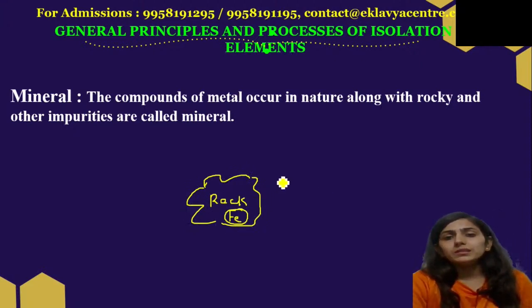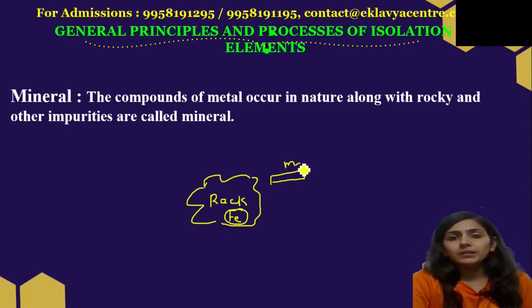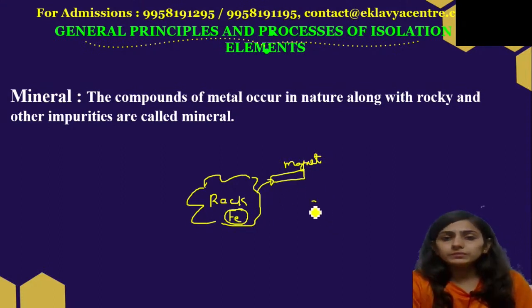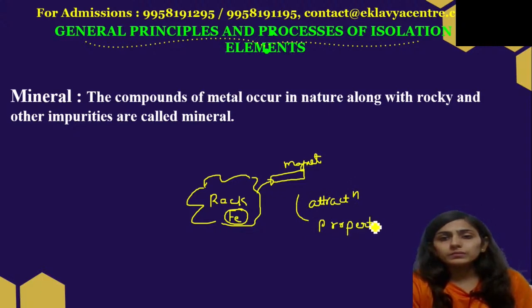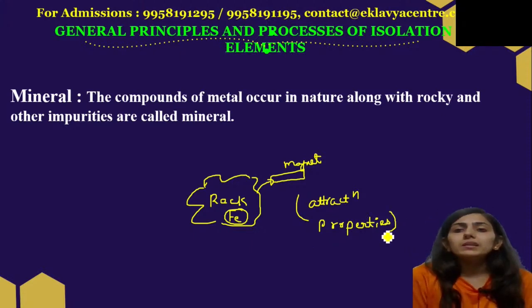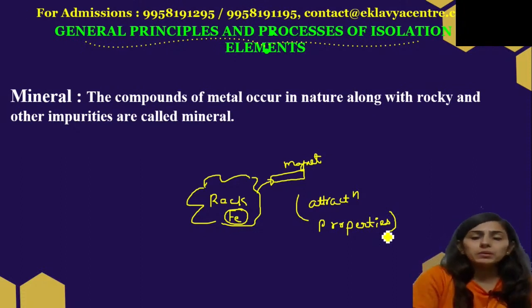If we take a magnet near this rock, and if attraction properties are visible, then we'll guess that yes, iron metal is present. So we'll know that iron is present. The compounds of metal occurring in nature along with rocky and other impurities are called minerals.